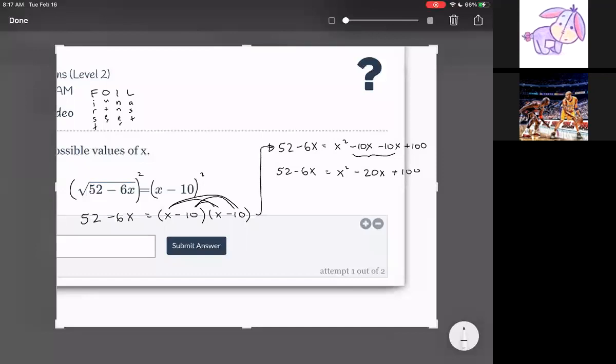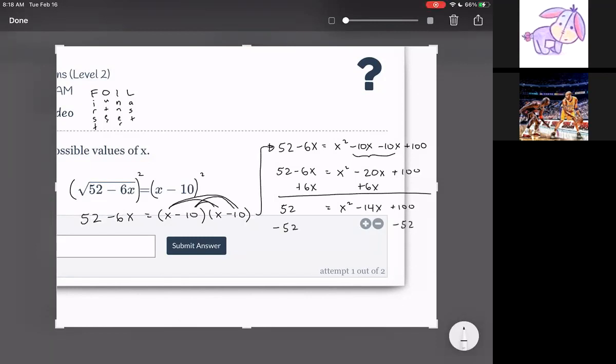All right, so now let's bring everything to one side so that we have a quadratic equal to 0. I'm just going to start by adding 6x to both sides. I'll do it in separate steps. 52 is equal to x squared, and this gives us negative 14x plus 100. And then I'm going to subtract 52.